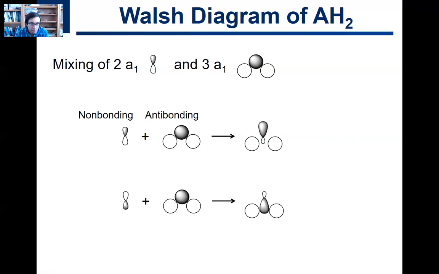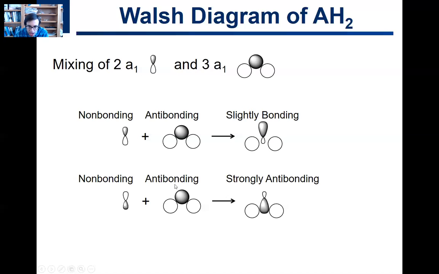So we have a non-bonding mixing with the anti-bonding. And if we look at this, what happens? This actually became slightly bonding, right? Because this is the central atom, this is a hydrogen, this is a hydrogen, and we have just a little bit of electron density there that's light, but it's all the same shade. So that became slightly bonding. And here again, we had non-bonding plus anti-bonding, and what happened?